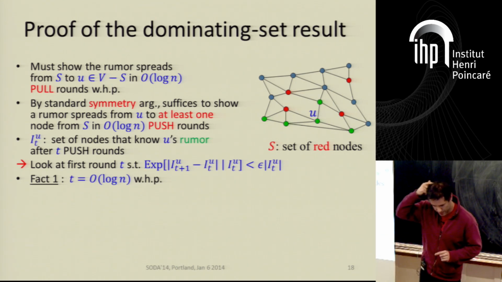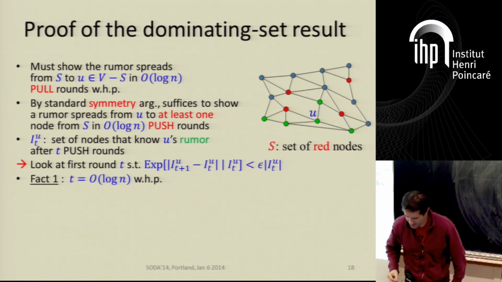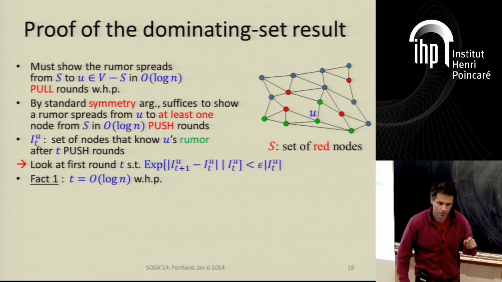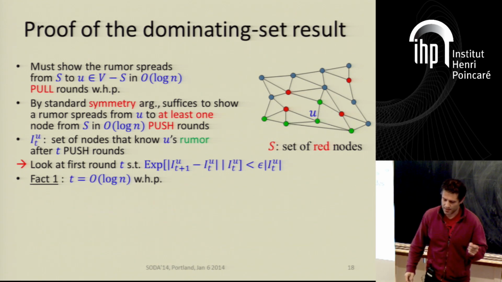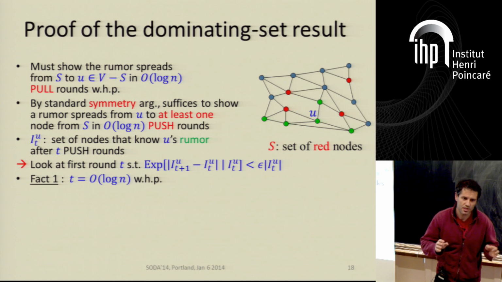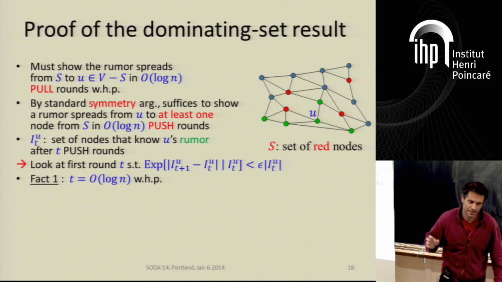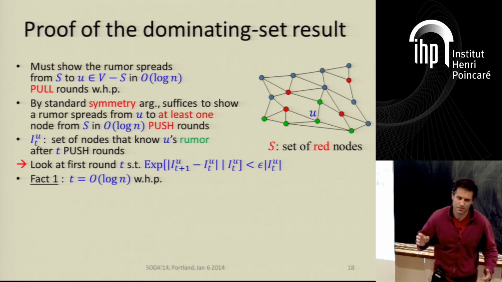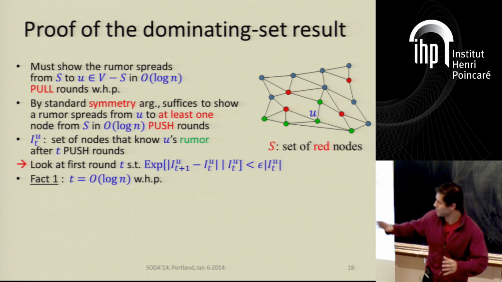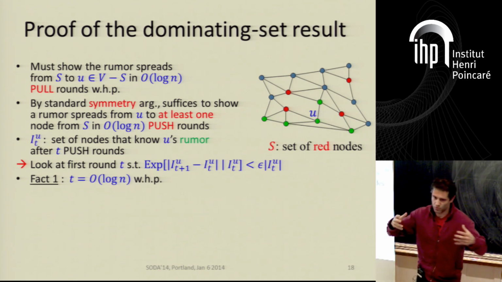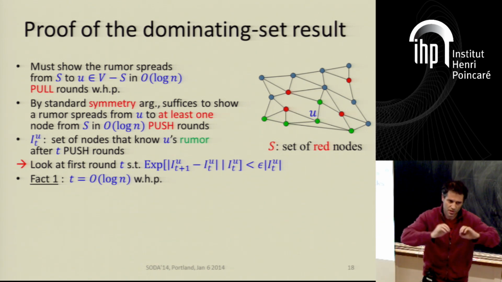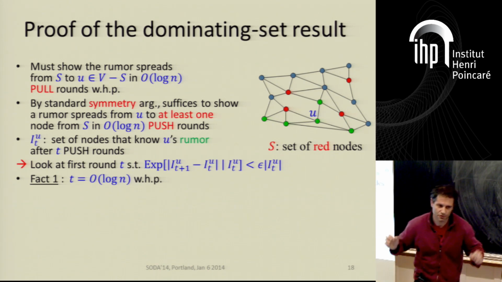So this is the first result. The second fact we need is also very simple. So what does this say? In order for this condition to be true, it must be the case that for most of the nodes, most of their neighbors are already green. In order for this set not to increase by too much in a round, it means that most of the pushes go to already informed nodes.